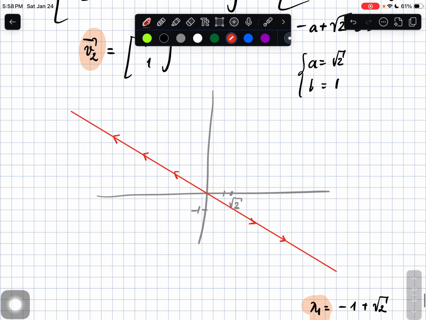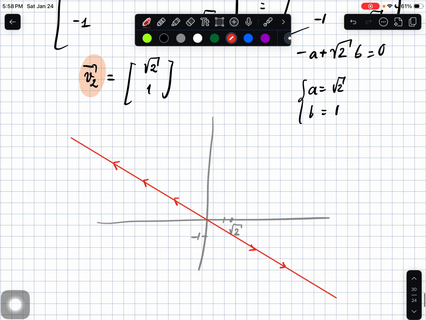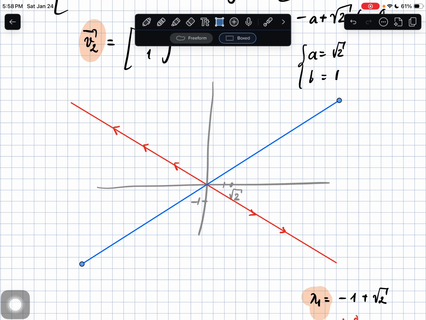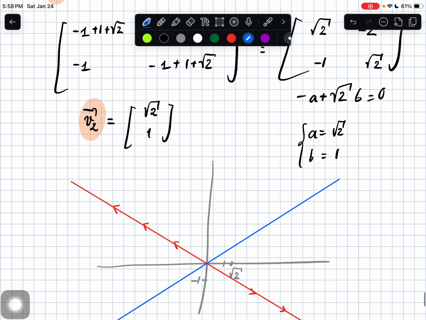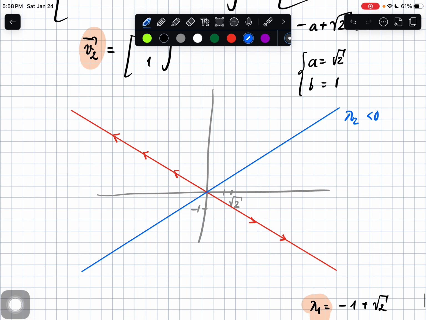The other one is V2, root 2, 1. In this case, lambda 2 is negative. We have a saddle point.